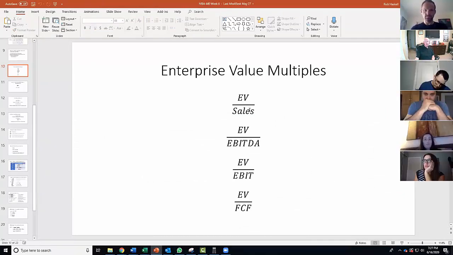And different companies should use different types. For example, I referenced the company a few minutes ago that doesn't have a positive EBIT. It's early stage. Well, we wouldn't value it based upon EBIT because that would be negative, right? We might value it based upon its sales. So we might use a sales multiple. A very mature company with a positive EBIT, with understandable known depreciation, we might use an EBITDA multiple.